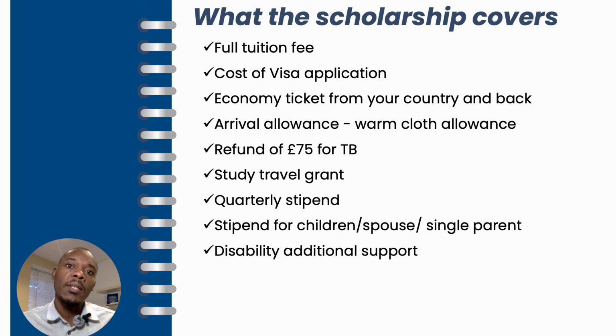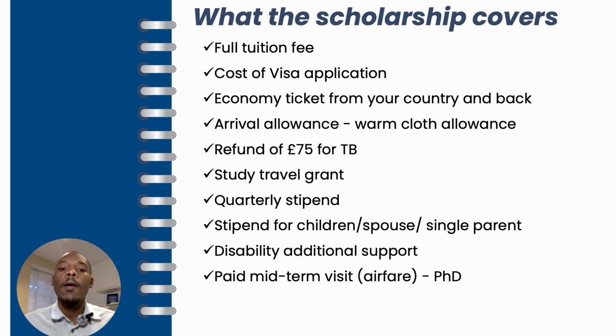For those who are disabled, there will be additional disability support, and this is why in the application form they want you to mention if you have any challenges or anything that you need help with. This helps them to know more about you and prepare for what kind of help they are going to give you if you have any challenges or disabilities.